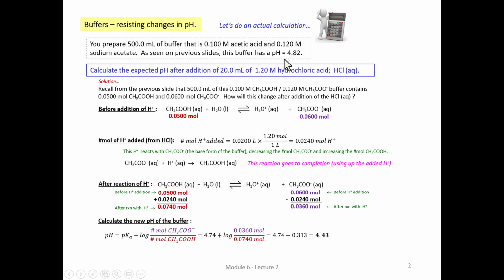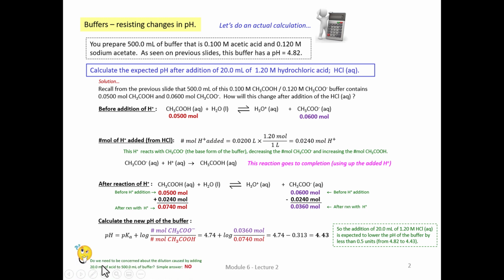So remember, our original pH was 4.82, and adding 20 milliliters of 1.2 molar hydrochloric acid dropped the pH to 4.43. So notice the buffer did change pH slightly, but the pH did not drop off a cliff because the buffer is resisting the change in pH that would occur when you add this strong acid to the solution. So we have here the pH dropped by less than half a unit.